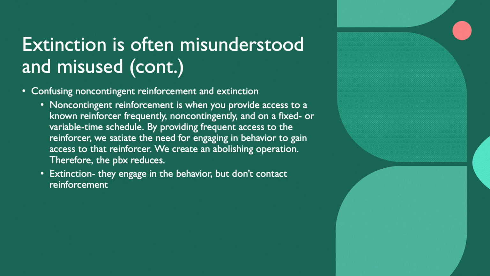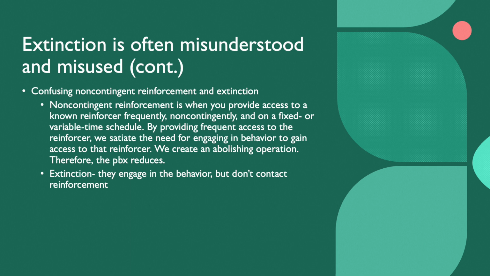And then lastly, people will often confuse extinction with an antecedent manipulation procedure that we use in behavior analysis called non-contingent reinforcement. You may have heard me talk about non-contingent reinforcement in one of the previous lectures, but you haven't had too much exposure to it, and you will get more on this topic when you cover antecedent manipulations in the next course, EAB3794.